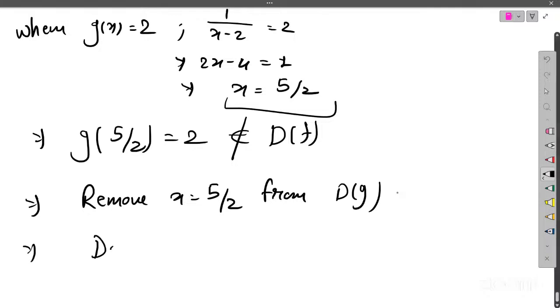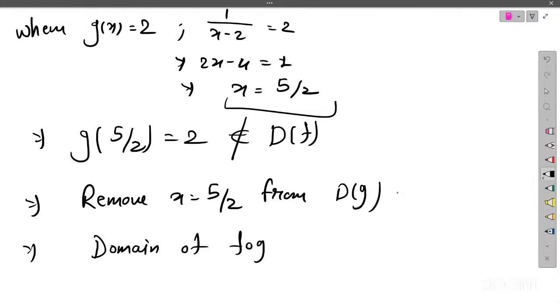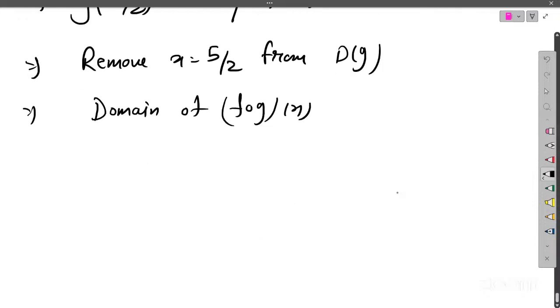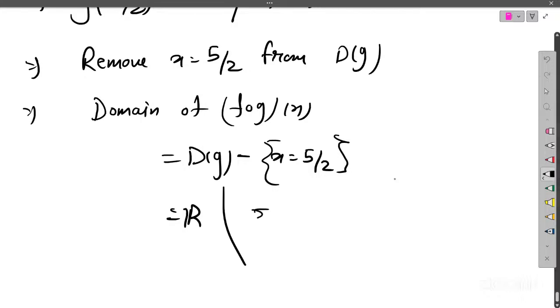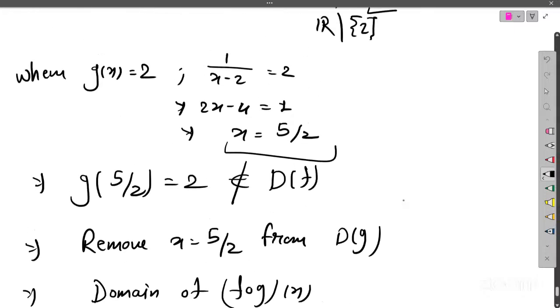So the domain of f composite g of x is actually the domain of g minus this removed point, the domain of g minus x equals 5 by 2. That means the whole real numbers minus 2 points, 2, because we are removing 2 from the domain of g, and 5 by 2. So now this is the actual domain of f composite g.